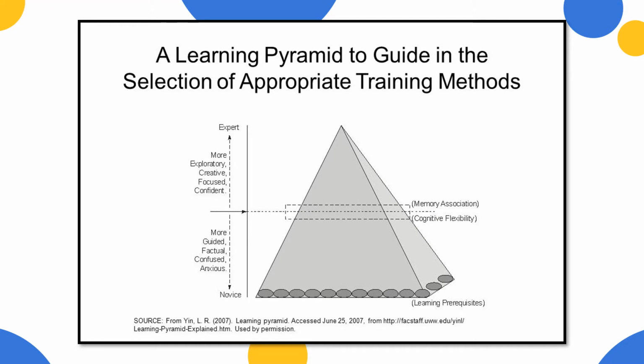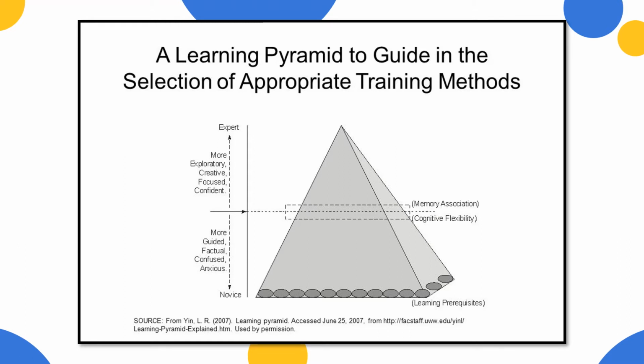The middle arrow depicts the point at which individual trainees are ready to shift from more guided to more exploratory learning approaches. An effective training or HRD program should first identify where the trainees are in terms of this pyramid.